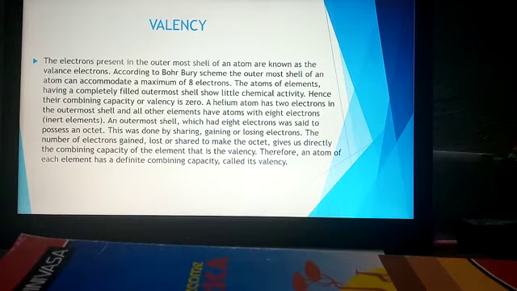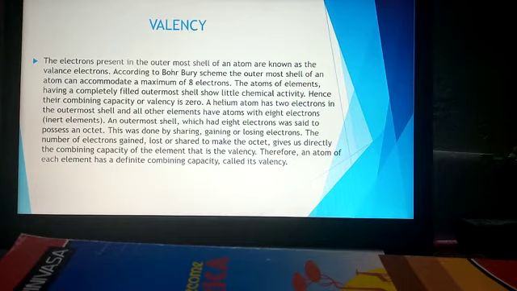If you take oxygen, the 8th element, what will be the number of electrons in the outermost orbit, children? The first orbit will have 2 electrons and the second orbit will have 6 electrons, because it is 2 plus 6, which is 8. But according to the scheme, to be stable, the outermost shell must have 8 electrons.